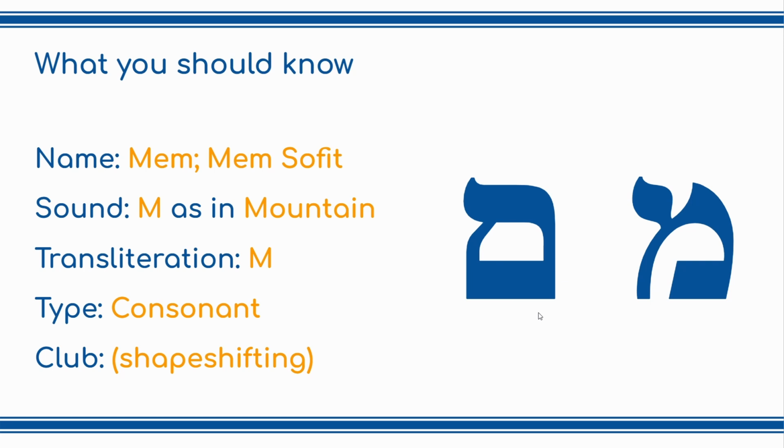You'll learn some more letters that are part of this group. It's like they're all part of one club of shape-shifting. That's their superpower. They change the form at the end of the word. So it's something I made up. Don't actually use it as an actual class, but you can use it to remember that they change form at the end of the word.